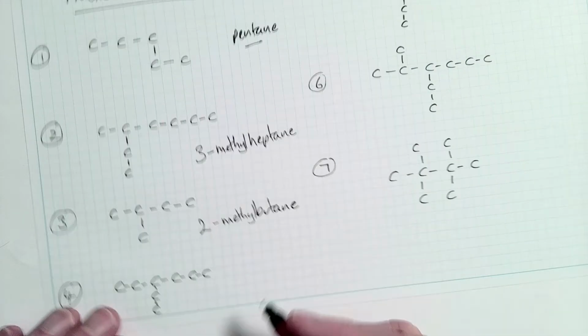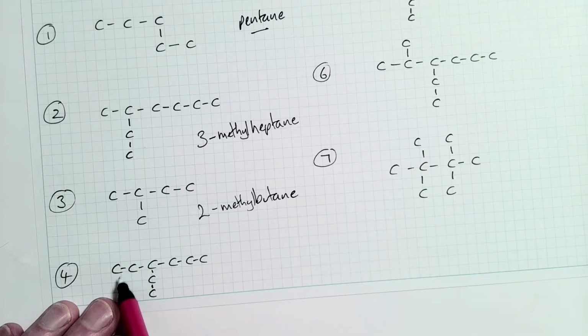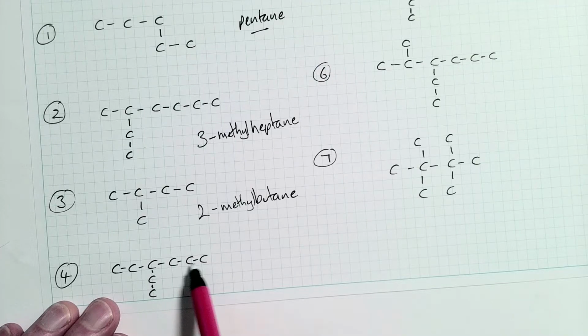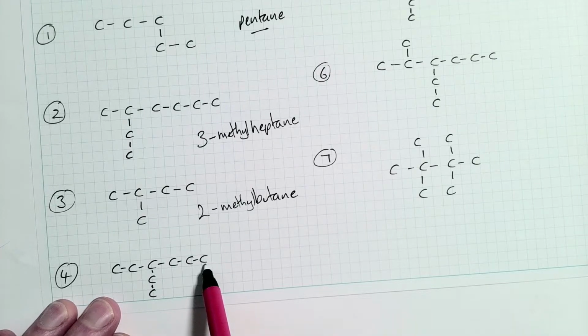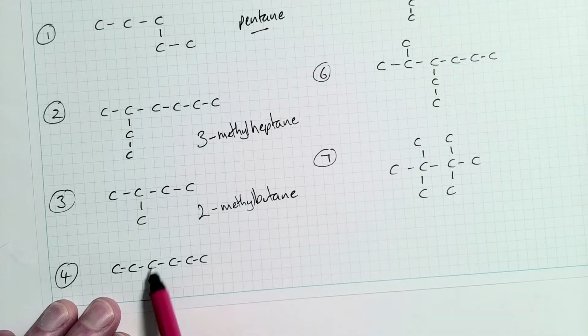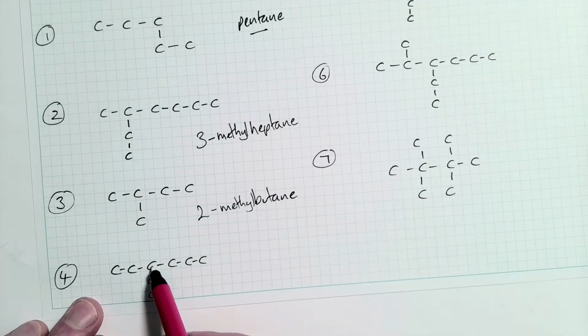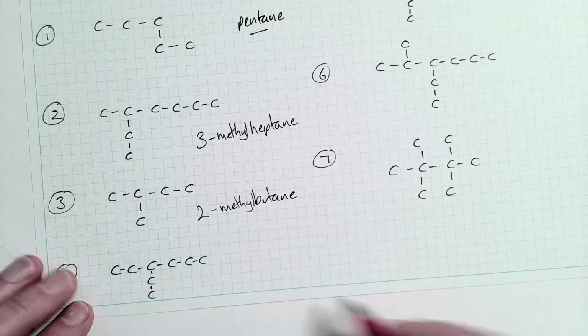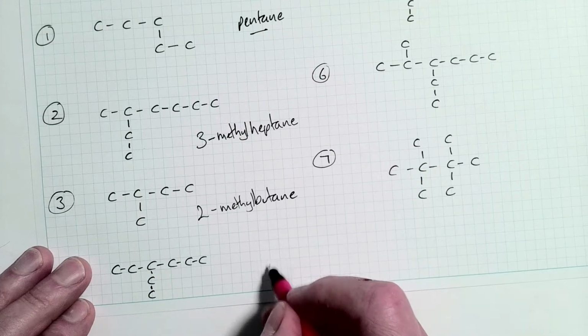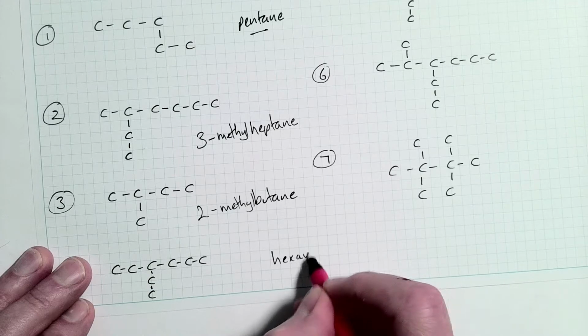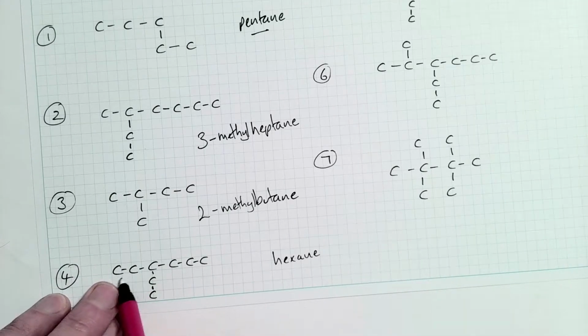All right, let's look at the next one. 1, 2, 3, 4, 5, 6. Okay, 6 carbons that way. 1, 2, 3, 4, 5, 6. 6 carbons that way. Looks pretty much the same. 1, 2, 3, 4, 5. 5 carbons that way. So it's definitely going to be a hexane. And the group this time is going to be an ethyl group.